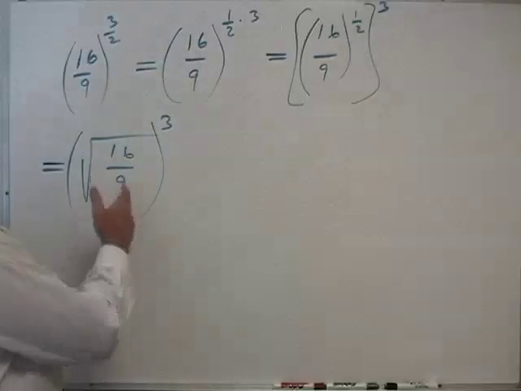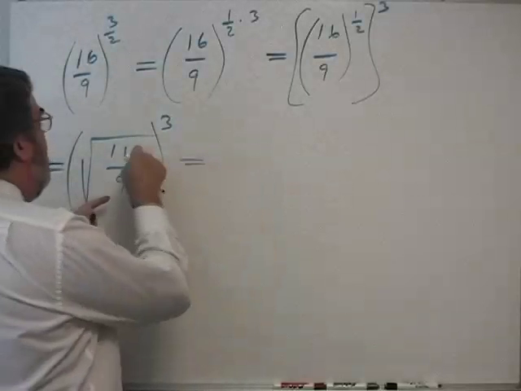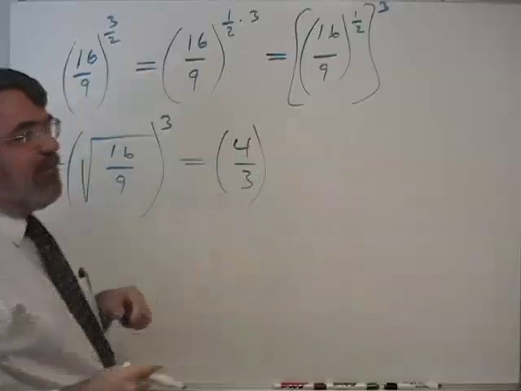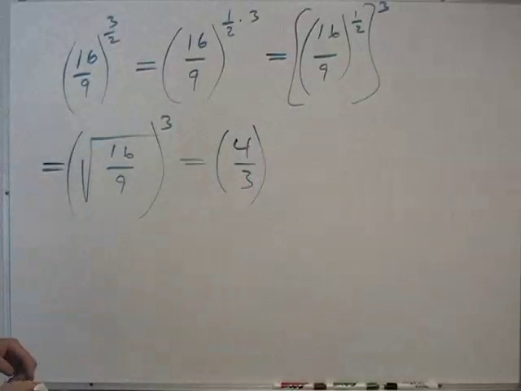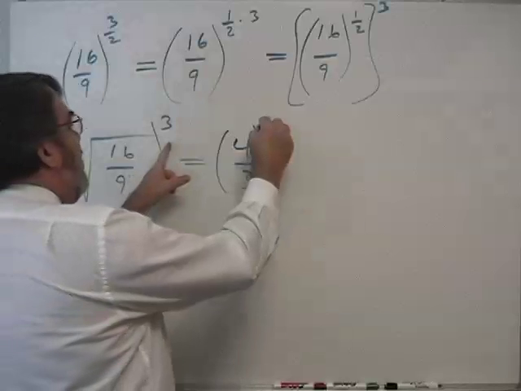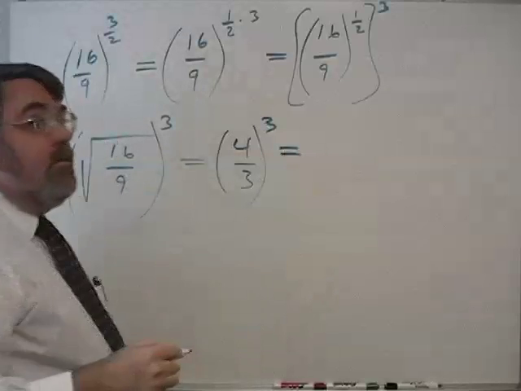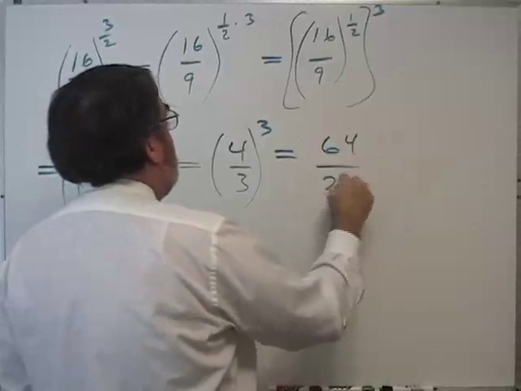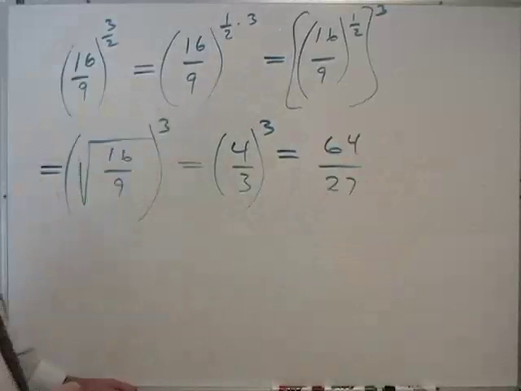So let's do the square root. We have 4/3, since the square root of 16 is 4, the square root of 9 is 3. 4/3 raised to the 3rd power would be 64 over 27. So there we go.